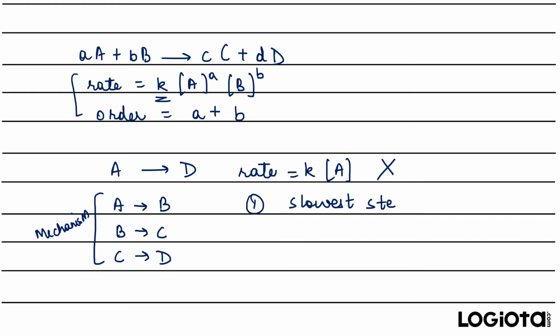And the second thing you need to keep in mind while writing the rate law for a mechanism is that intermediates should not be involved. So these are the two things you need to keep in mind. Okay, now let's see an example and try to understand this one.